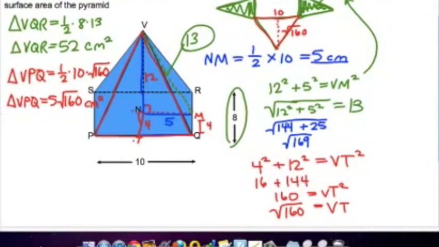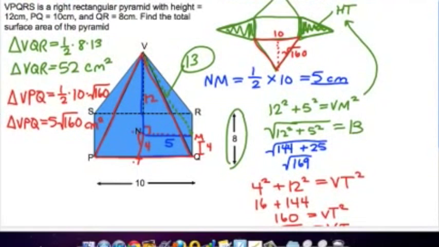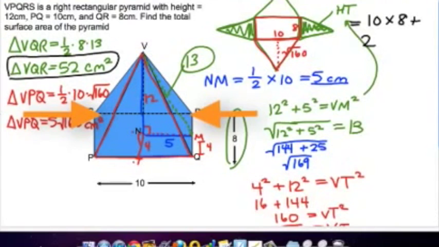All right, so now let's go back to the net. Here's where we put everything together. I know the area of the rectangular base is 10 by 8. Let's see. Let's go with black. And I know that I can add to that 2 of the areas of VQR, because these are the triangles opposite each other.